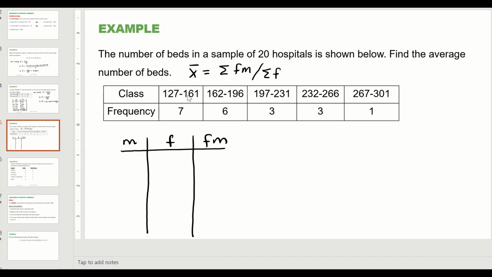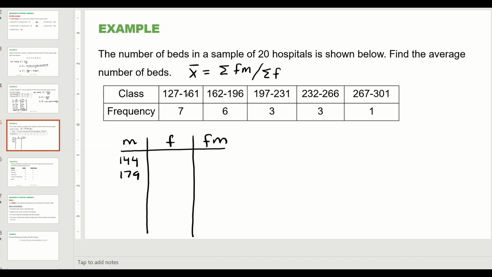If you add those two values, it will be 288, and when you divide that by 2, that will be 144. So that is the midpoint of the first class, 144. So in order to find the midpoint, we add these two values and divide by 2. For the second class, 162 plus 196, and divide the result by 2, it will be 179.